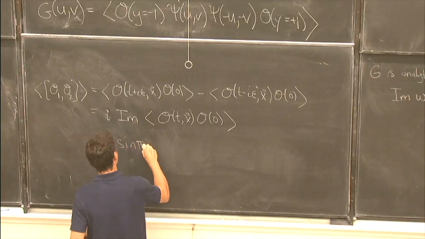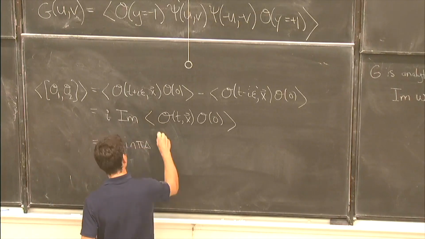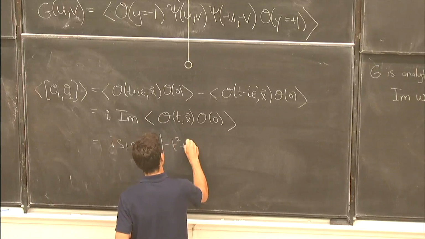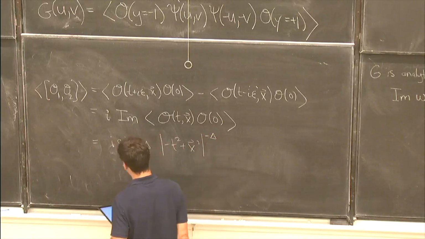And I'll write a couple more. So that's the same as i sine pi delta times the absolute value formula.